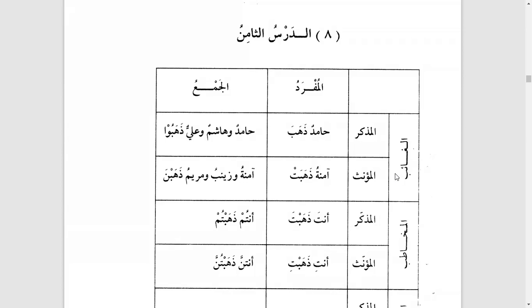Dhahaba is a predicate also. Why? Fail is a predicate, sir. No, fail is not a predicate. The hidden pronoun is the predicate. Hamidun dhahaba, actually, dhahaba Hamid huwa went. So if you say dhahaba is predicate, what if I say hamidun dhahabat?